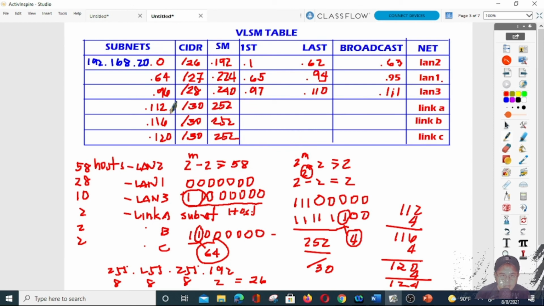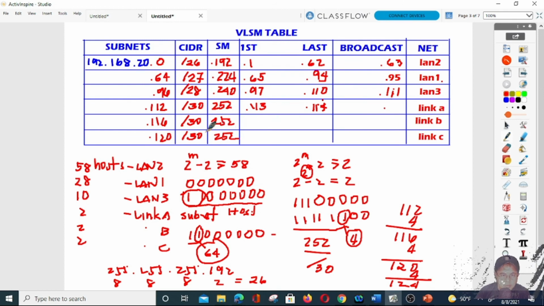So to get the range of the first link, starting from 112, the first is 113, and then 114. I'm always having a problem in this part. This is 114.